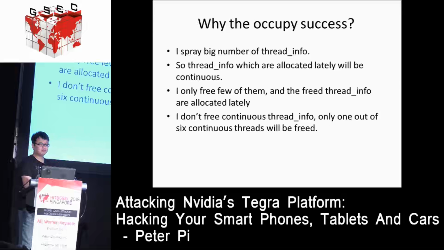I only free a few of them, and the freed struct thread info are allocated lately. And I don't free continuous thread info. Only 1 out of 6 continuous threads will be freed.